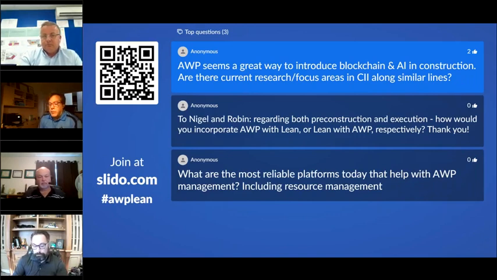We just recently introduced technology as a capability as part of our AWP capability assessment. So it's becoming more and more important, these technologies, including AI and data exchange, data management, data integration, and a capability of an organization to support this more advanced implementation.